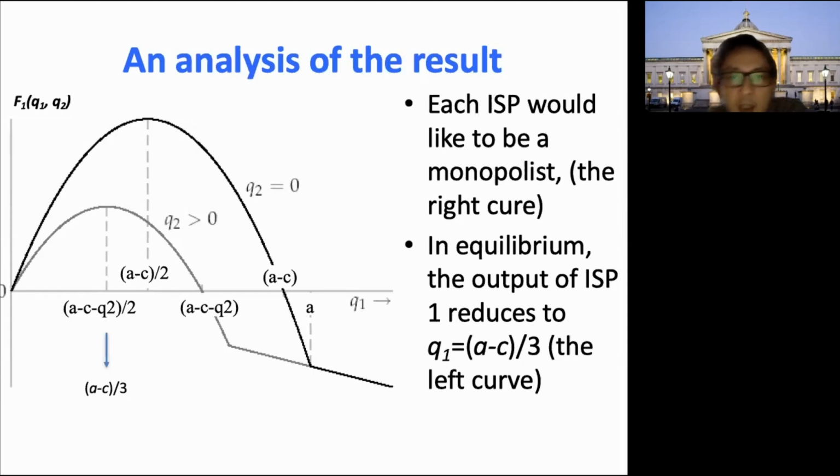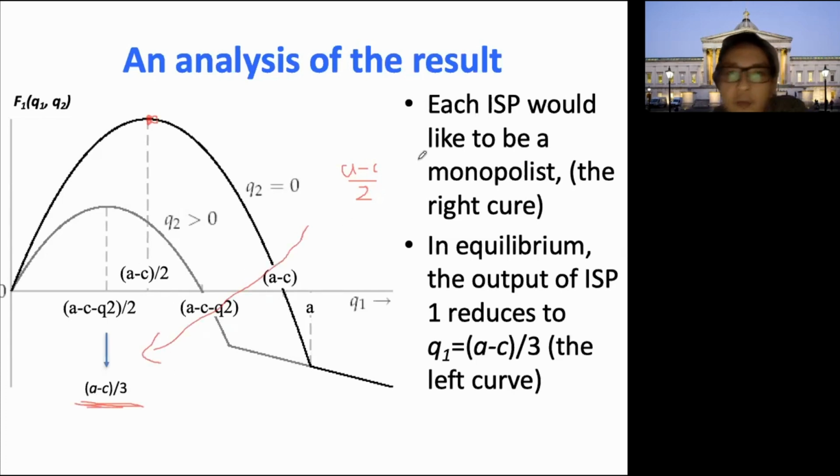In this case, your solution would be here, right? And there, as a dictator, you would produce this quantity, which is obviously more than this in the Nash equilibrium.